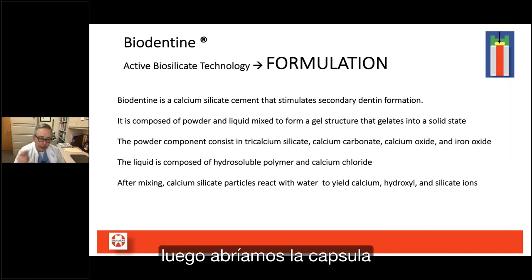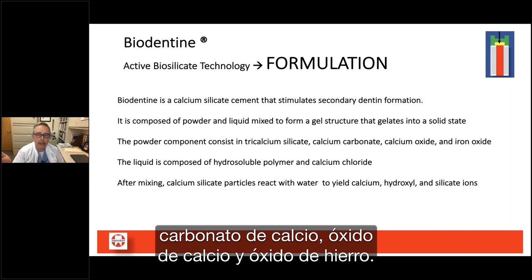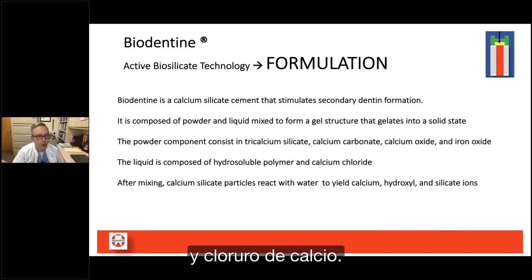Then we opened the capsule, collected the material from there, and passed that to the tooth. The powder component consists basically of tricalcium silicate, calcium carbonate, calcium oxide, and iron oxide. The liquid is composed of a hydrosoluble polymer and calcium chloride.